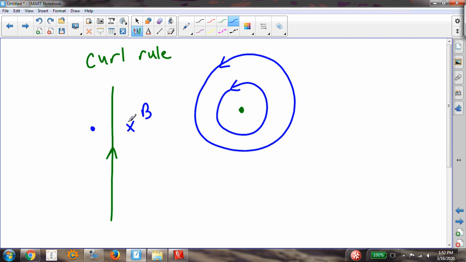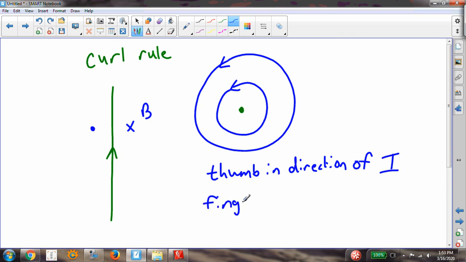I let my thumb go in the direction of the current, and then the fingers wrap around to give the magnetic field. So my current is in this direction, and then my fingers wrap around to give my magnetic field.